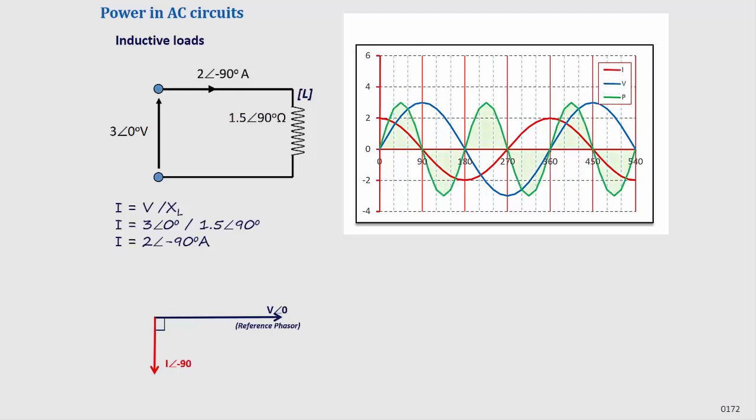Between 0 degrees and 90 degrees, the current and voltage are positive, so the resultant power consumed is positive and has a peak value at 45 degrees. And between 90 degrees and 180 degrees, the voltage is positive, but the current is negative, so the resultant power consumed is negative, with a peak value at 135 degrees.